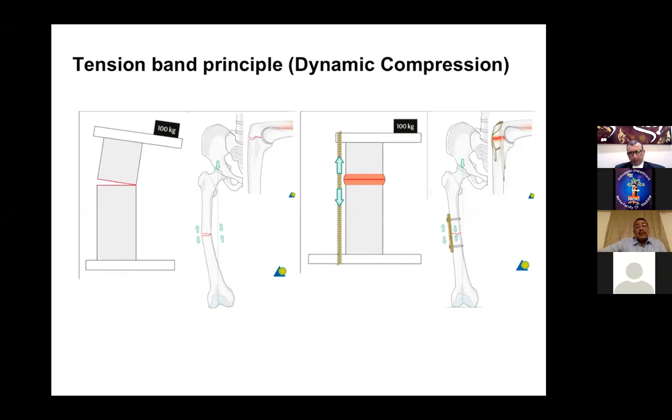So if you put the plate on the lateral side with pre-bending and exerting compression on the fracture site, this plate will convert the tensile forces on the femur by its anatomical shape, tensile surface, compression surface. You put the plate on the tensile surface, it will convert the tensile forces into compression forces on the medial side. So it is some sort of dynamic compression. It is a tension band plate.